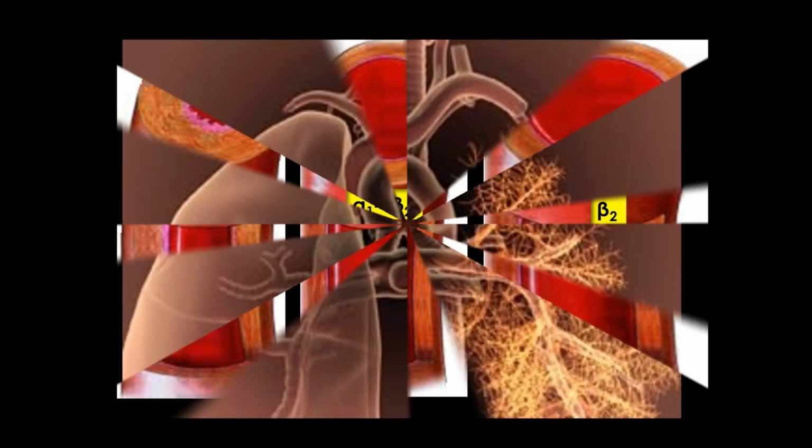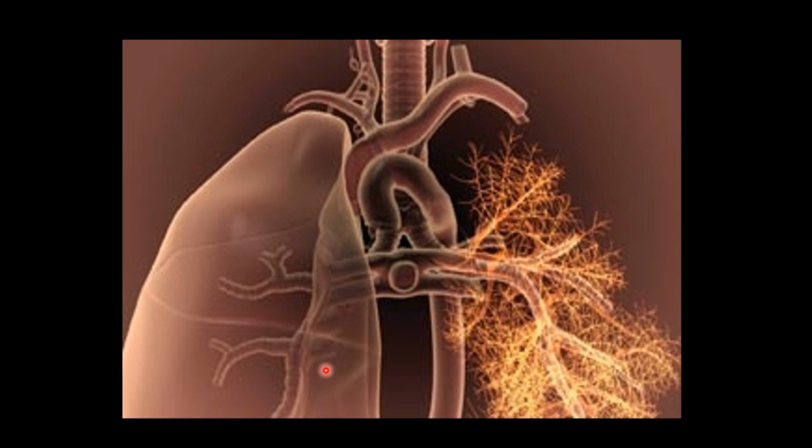Another important location is the smooth muscles of the lungs and the bronchial tree. We have the same beta 2 receptors and again they cause relaxation, or bronchodilation. So beta 2 receptor agonists cause bronchodilation.